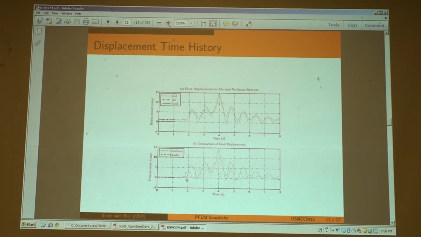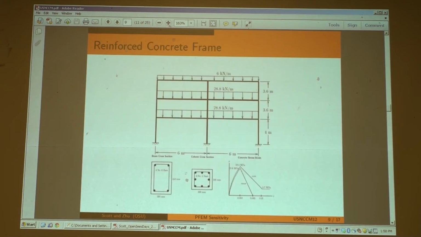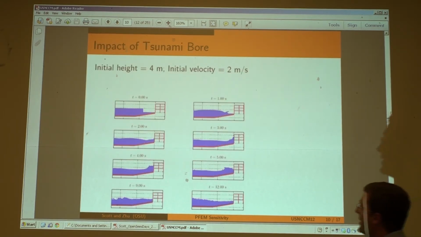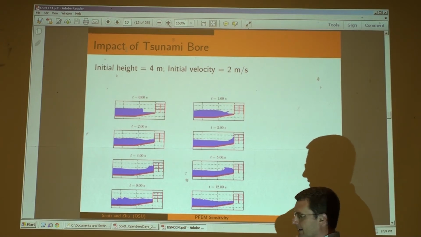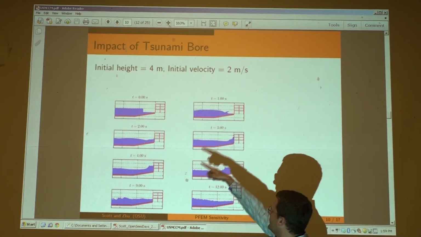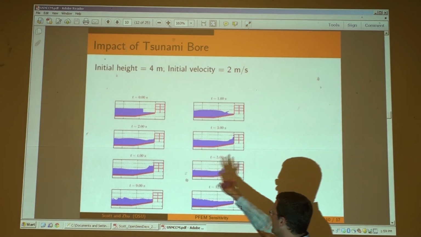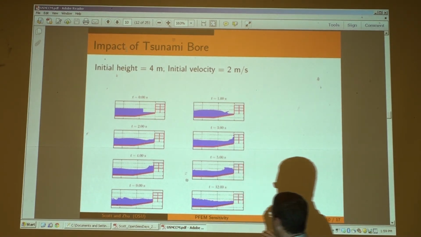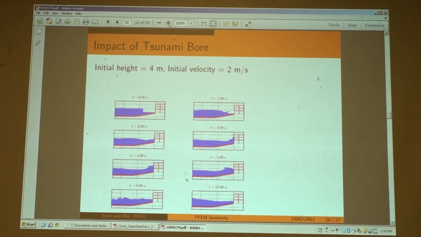Typically, you do these tsunami bores where it's some height of water with some initial velocity, and then you throw it at it, or let it release. Forms a little wave here, crests and breaks, and then turbulent flow around this area. It's the structure. You get some kind of a.